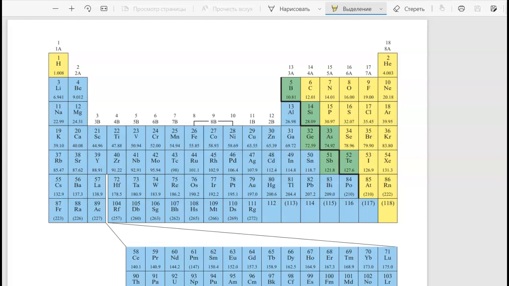So it will be the s block. Okay, but don't forget about helium. It's a kind of exception, and it is located in the 8A group, but it is also an s block element.